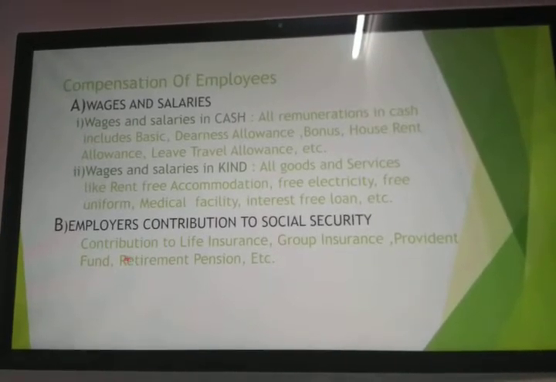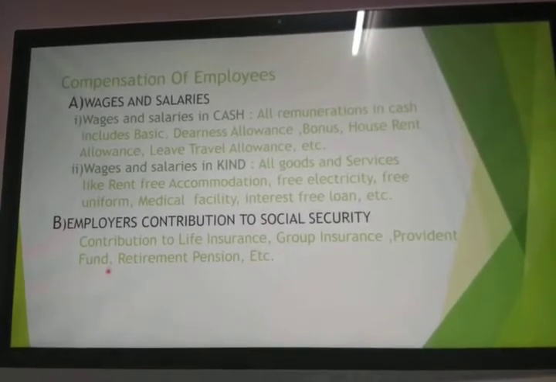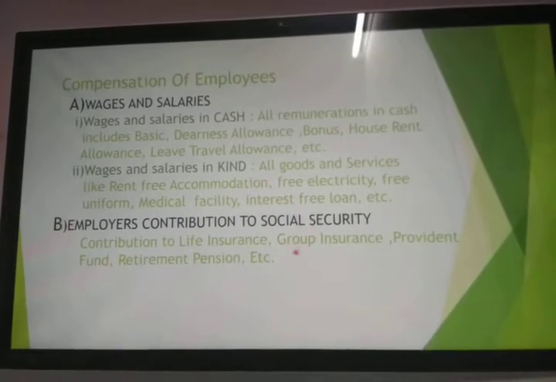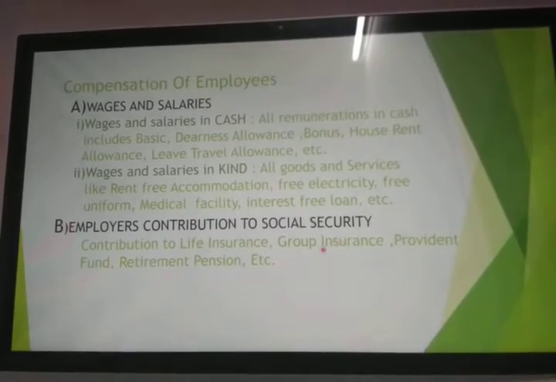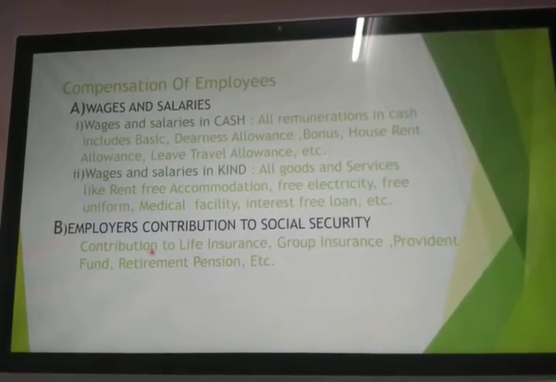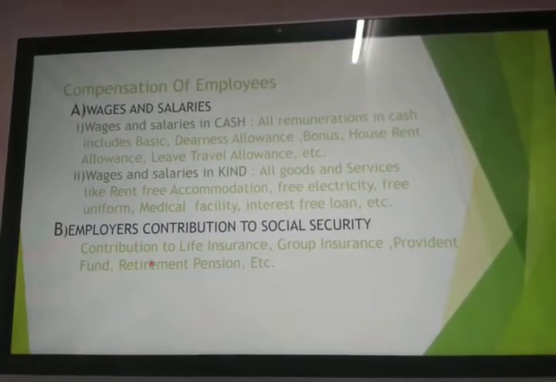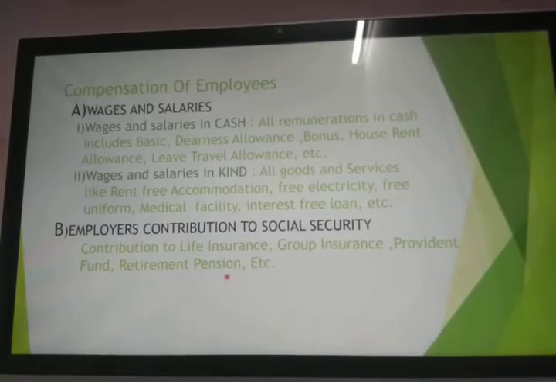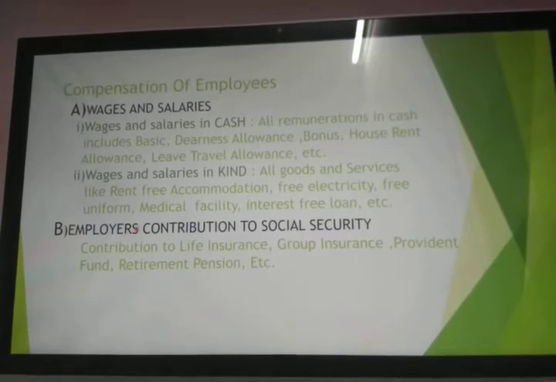That is like contribution to life insurance made by the employers, group insurance in the name of employees made by the employers, provident fund which is given by the employer to its employees, and even the retirement pensions contribution made by the employers are considered to be a part of social security contributions.